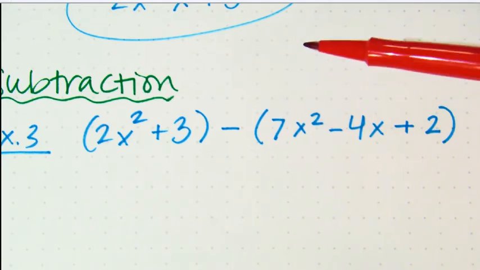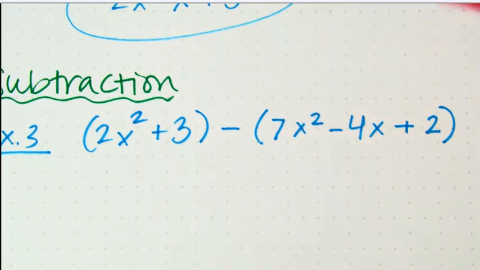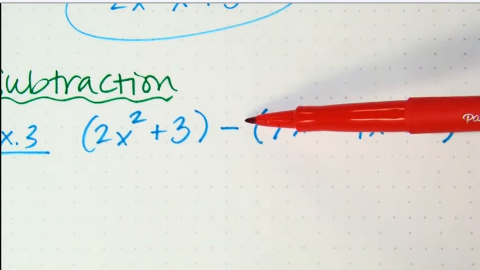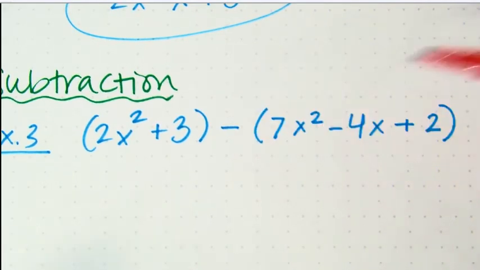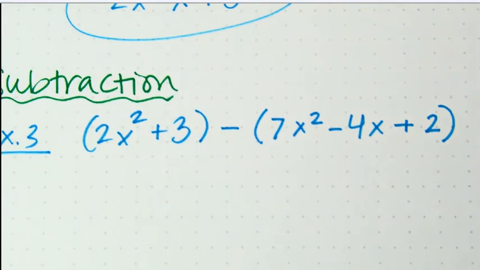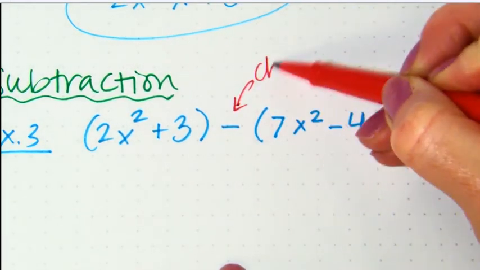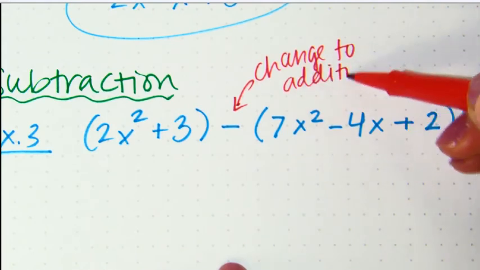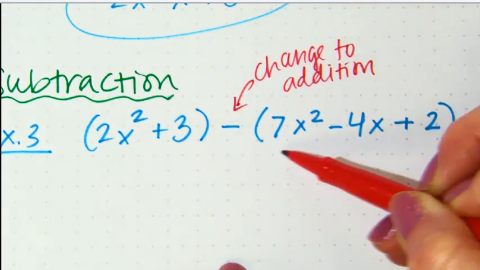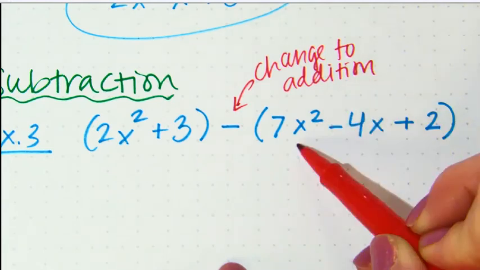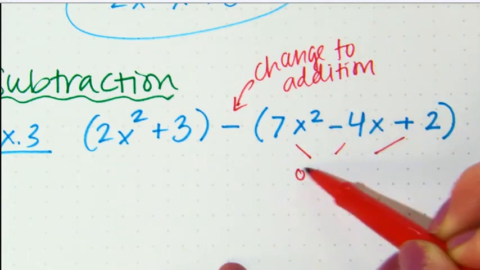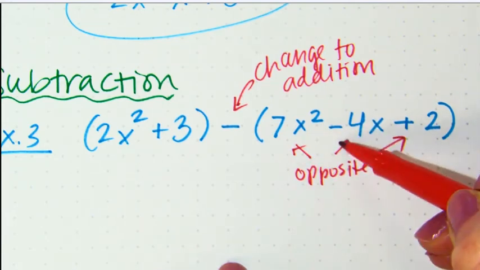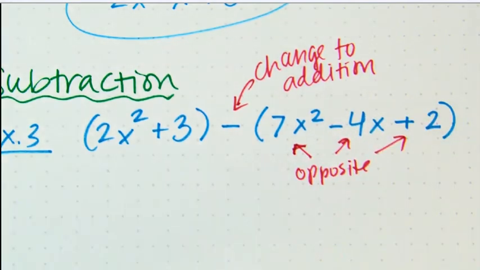Just because it's something that's familiar. You guys have seen equations like this. So I imagine this as a -1 that distributes to everything inside. But however you want to handle it, make sure you make a note, change to addition, and then each of these become the opposite of what they were, right? Everything inside becomes the opposite.